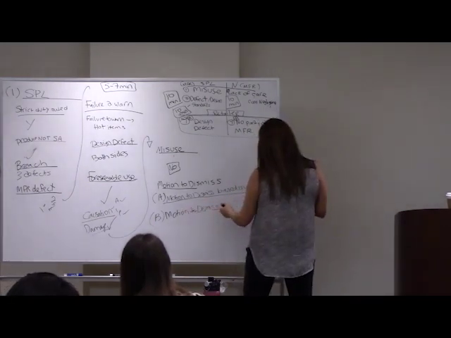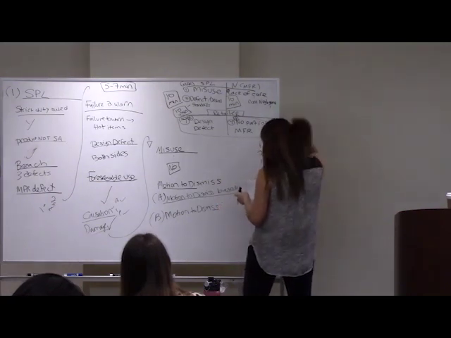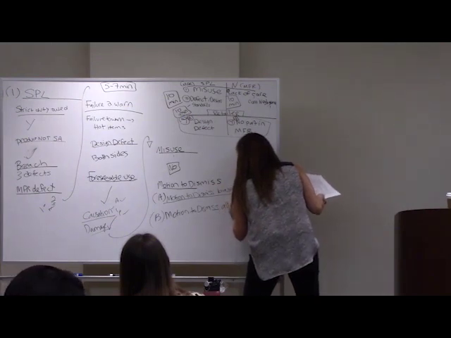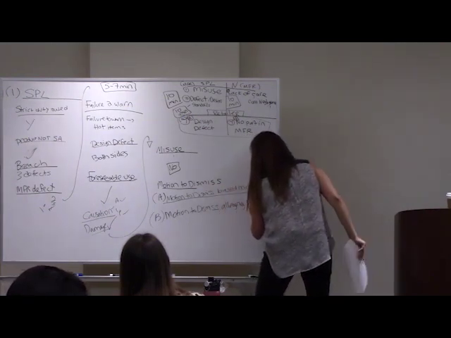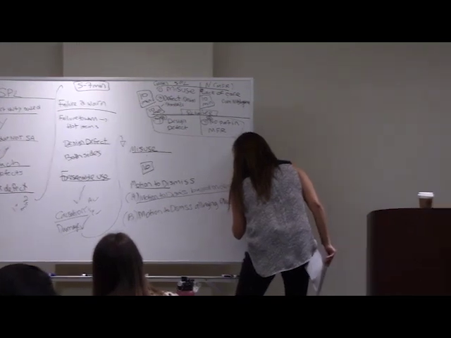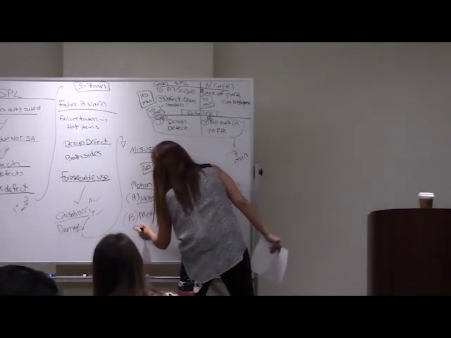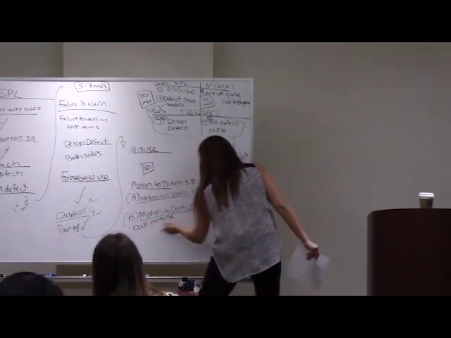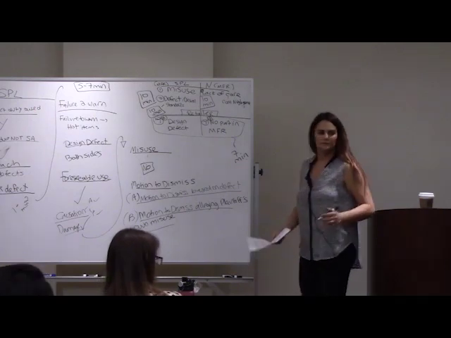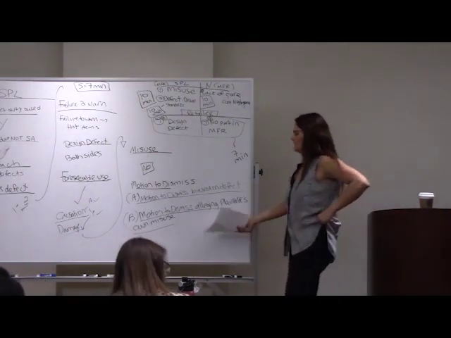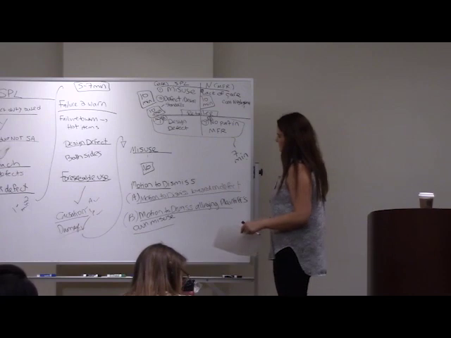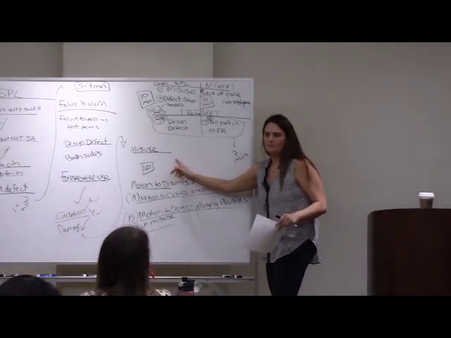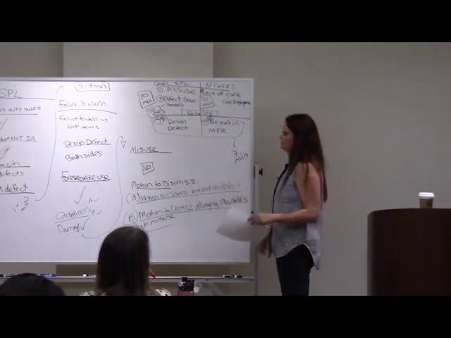Let's say motion to dismiss alleging plaintiff's own misuse. So we're just regurgitating the heading. Same thing. You're going to just give a little blurb, regurgitate what you argued within misuse based on the foregoing.